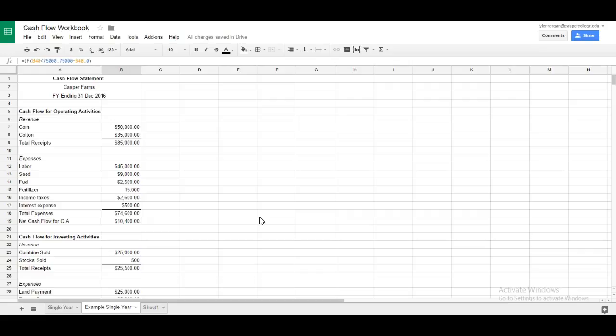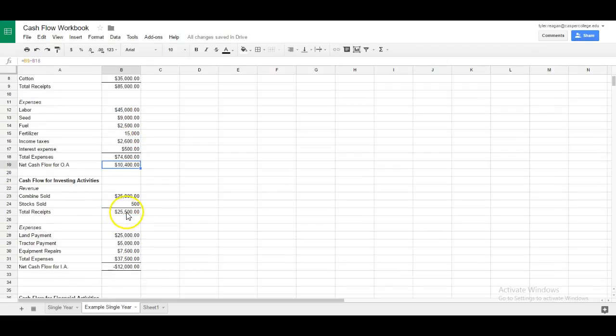The purpose of this assignment is to show you that yes, you can create a cash flow statement in Google Sheets, and then be able to use these formulas to add up these and plug in formulas in different places to really be able to fully calculate a cash flow statement.